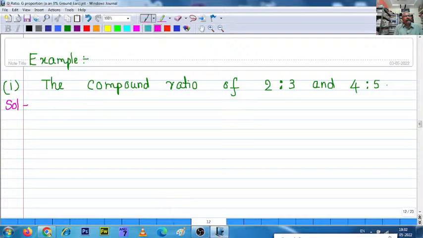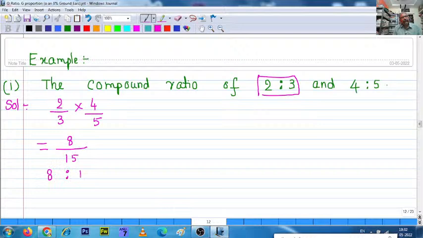The first method is, first let us express A is to B as A by B form, that is 2 by 3, and multiply with 4 is to 5, we can write 4 by 5. So now we can write 8 upon, 4 into 2, 8, 3 into 5, 15. So the required ratio is 8 is to 15. This is one method. The other method is we can adopt like this: 2 is to 3, write down, and next 4 is to 5, write down.